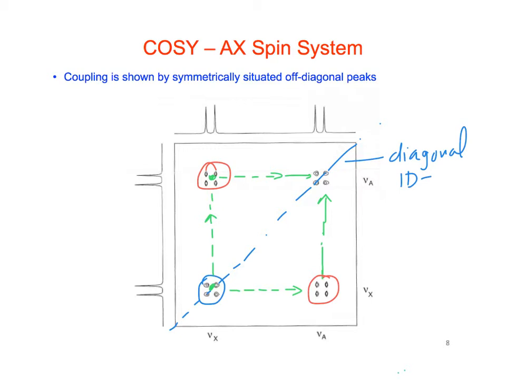We're essentially making a square here, as long as the axes are printed symmetrically as well. So the diagonal peaks are like the one-dimensional experiment. The symmetrically disposed off-diagonal peaks are showing us that this proton couples with this proton.